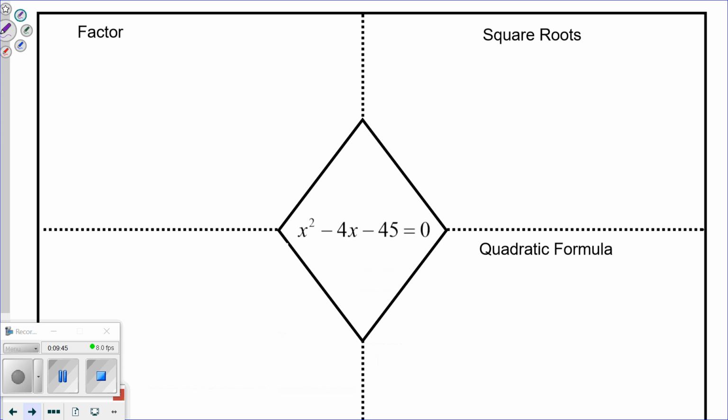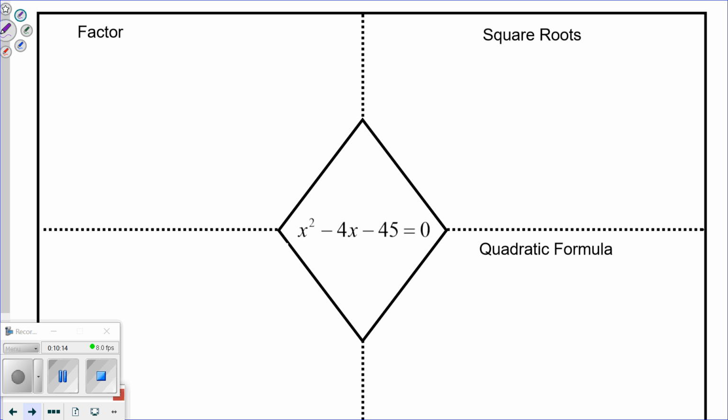Can you, at any point, do every single problem all 3 ways? Is it possible I can only do it one way? It's possible. Is it possible it doesn't factor? Yeah. Is it possible it has a bx, so I can't use a square root? Yeah. It's possible all you can do is quadratic formula. Is it possible I can factor and use square roots?